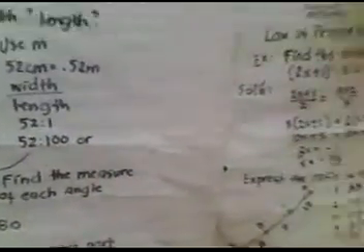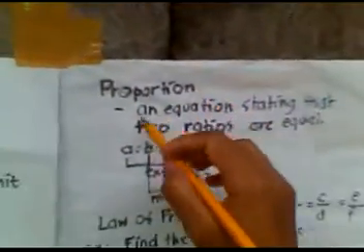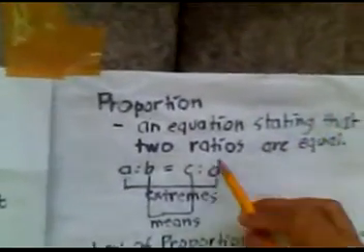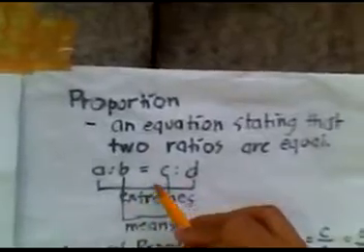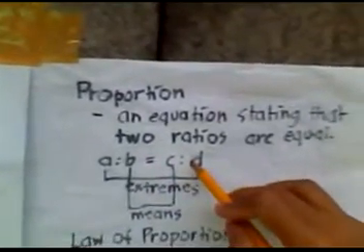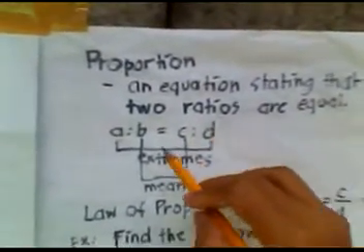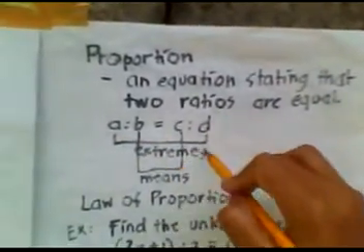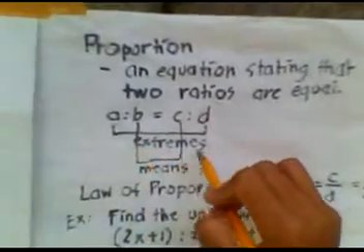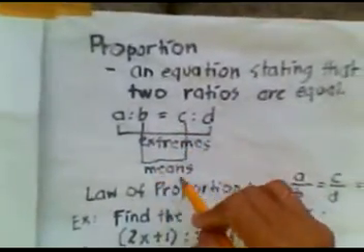Now what about proportion? Proportion is an equation stating that two ratios are equal. A is to B is equal to C is to D are equivalent forms of the same proportion. A and D are the extremes and B, C are the means.